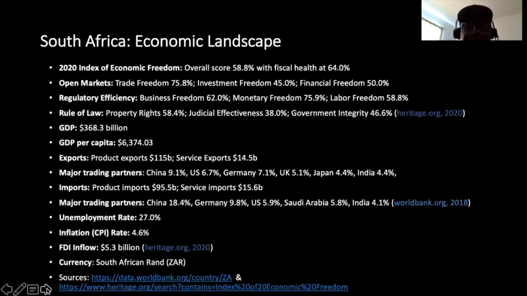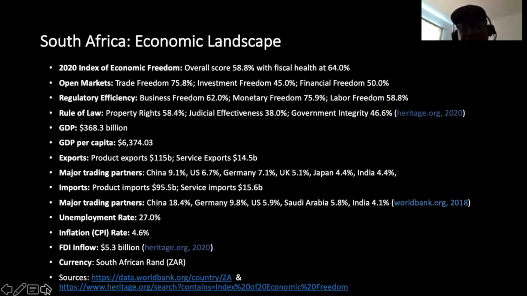And then, just like in the US, we have regulatory agencies that oversee, for example, things to do with the environment, where we have the Environmental Protection Agency. It's the same thing in South Africa. They also have regulatory efficiency, but the efficiency for business freedom, in other words the ease of doing business, is about 62.0%.